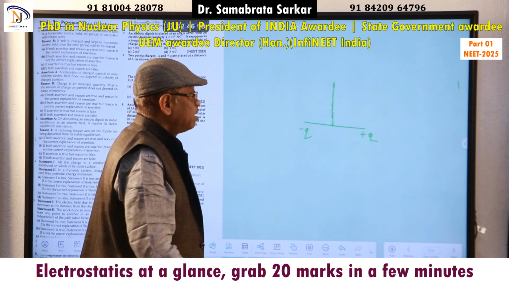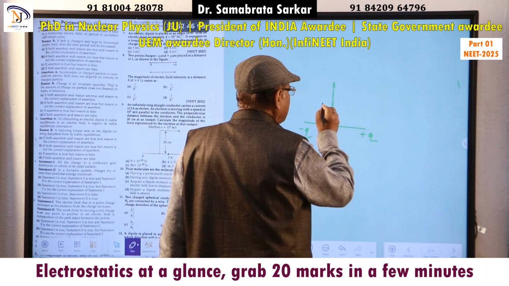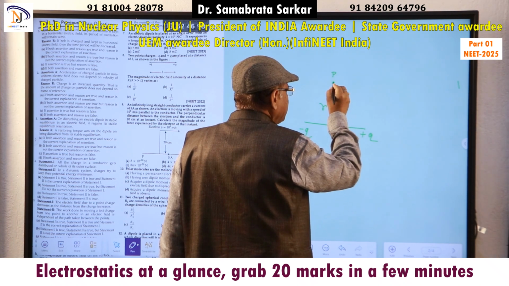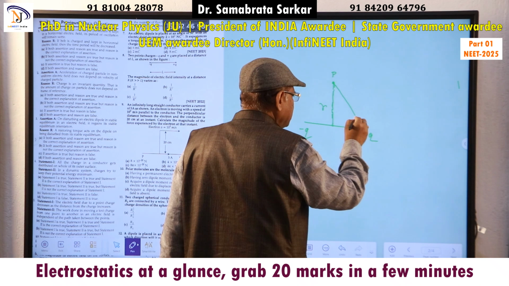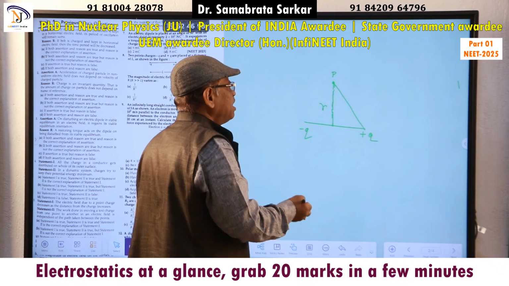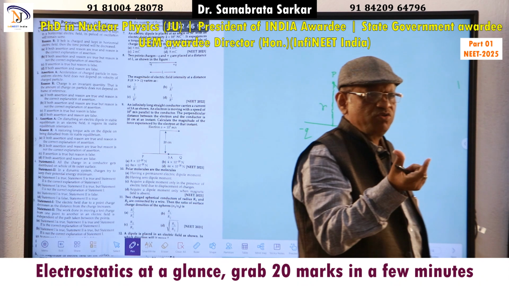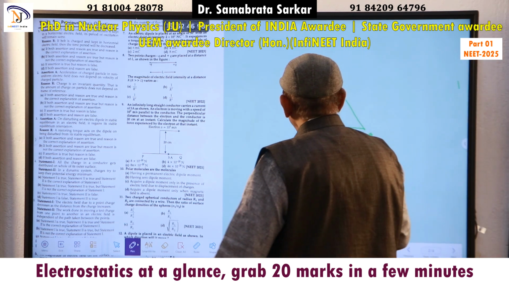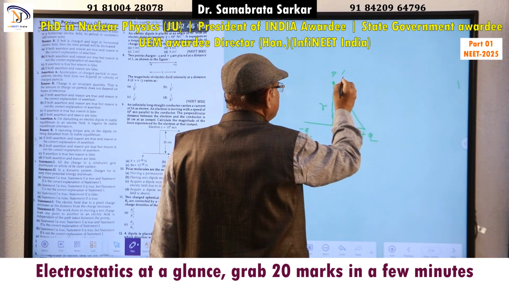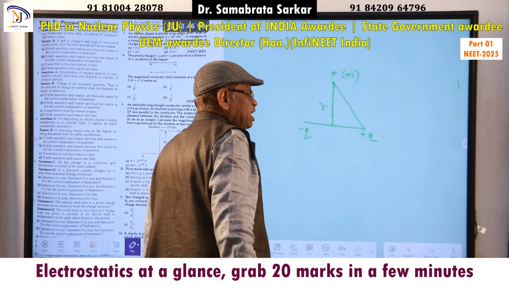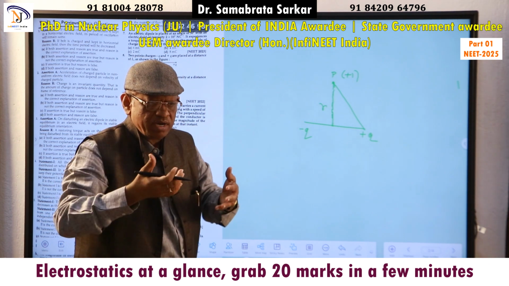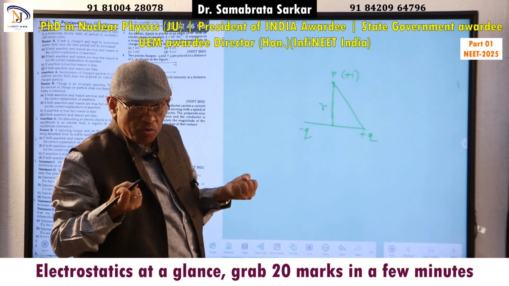Am I clear? So this is R, this is R, and this is a point P. What will you get? It will attract or repel. At the point at which you are going to find the intensity, there you consider a unit positive charge. Okay, am I clear? Then you can consider here a unit positive charge always. Why? I will tell you later on, because the point is a generating point where you are getting something positive.